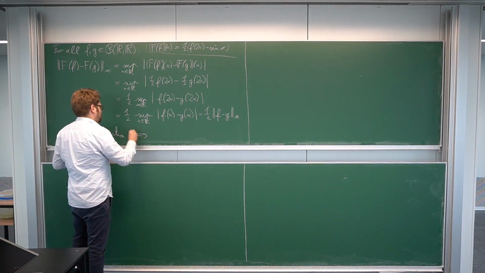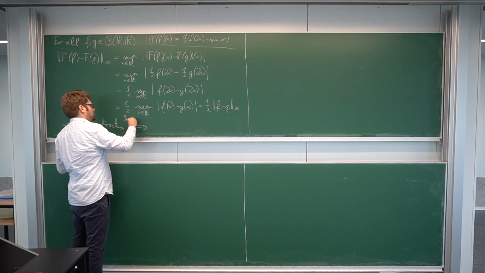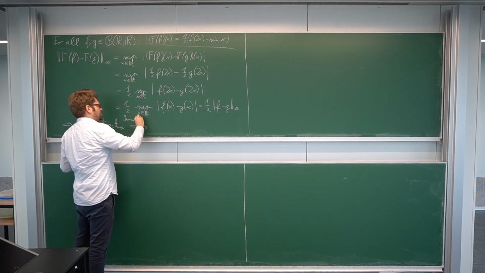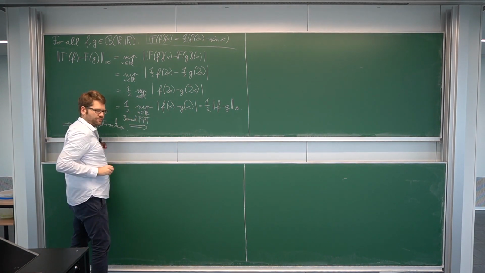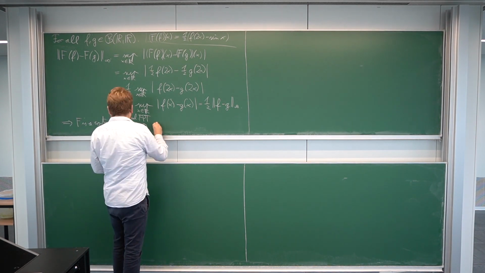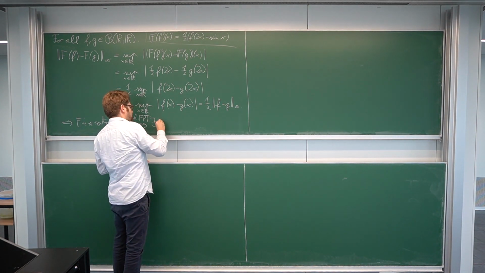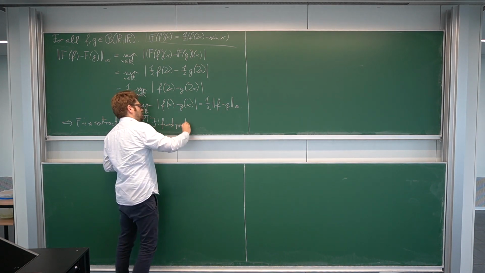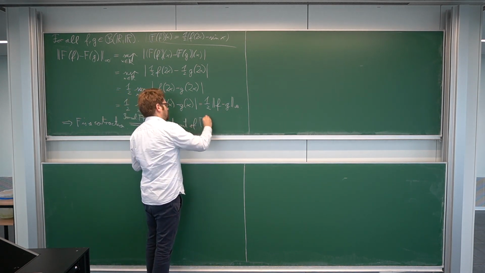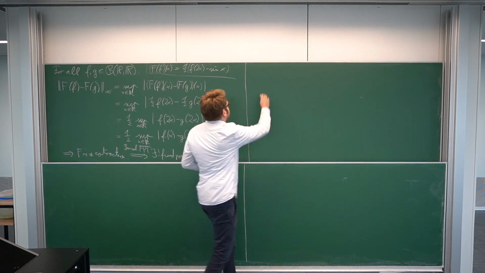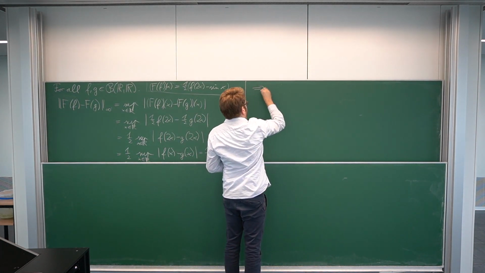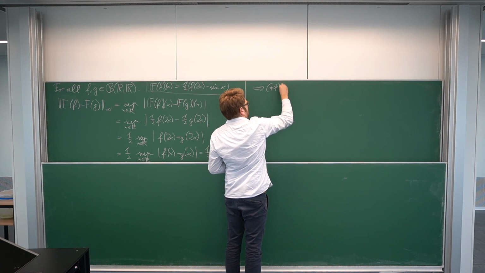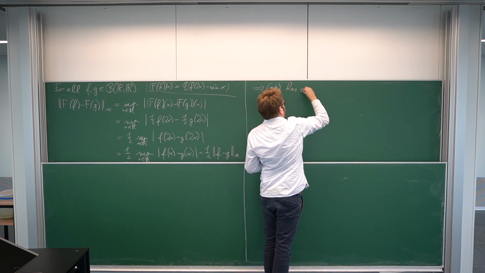So by the Banach fixed point theorem, it follows that there exists a unique fixed point of F. And this implies that this equation, double star, has a unique solution.